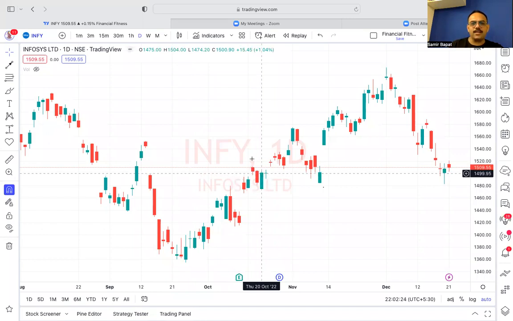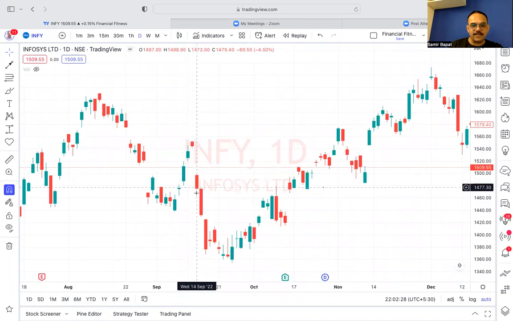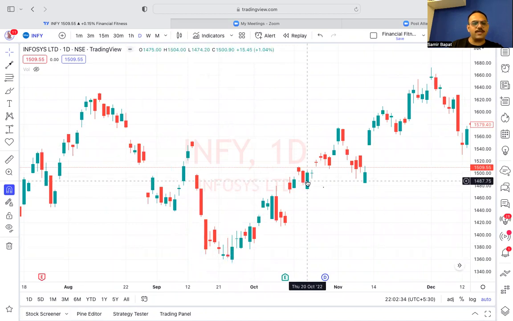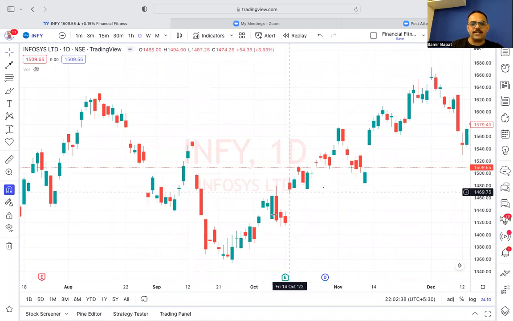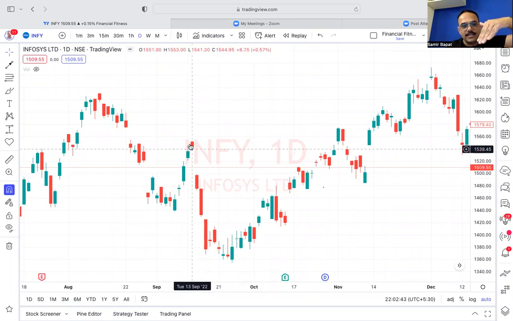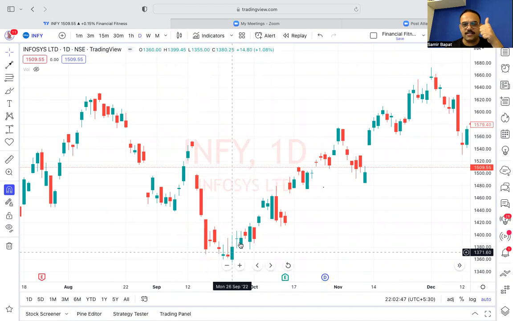Bullish engulfing should come at the end of a downtrend, something like this. If it has gone down, down, down, down, down, this is the bullish engulfing which should come. We should not take this 20th October bullish engulfing because it is not coming after a downtrend. See, here there is a downtrend. This is a bullish engulfing, first class.